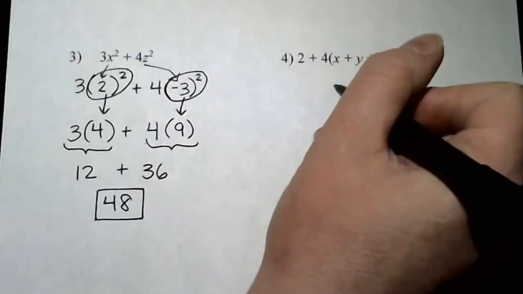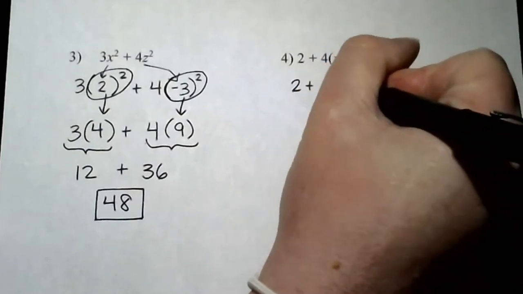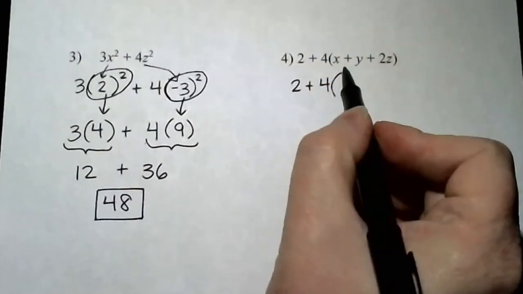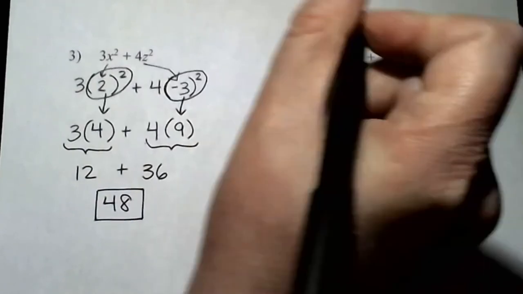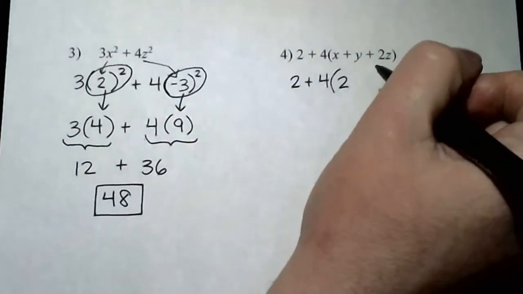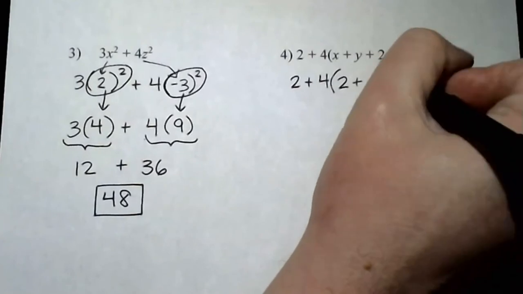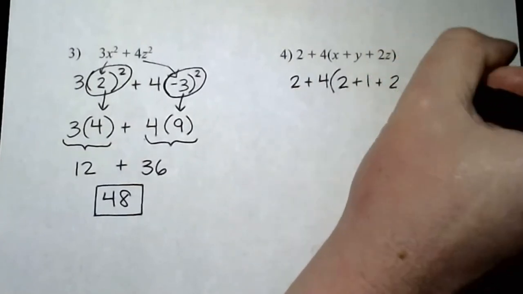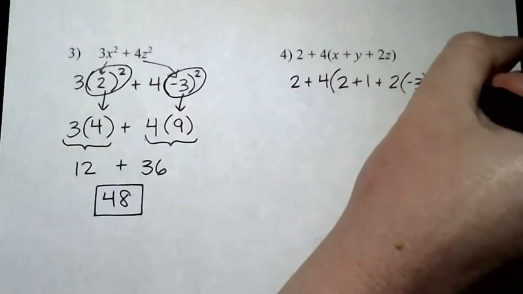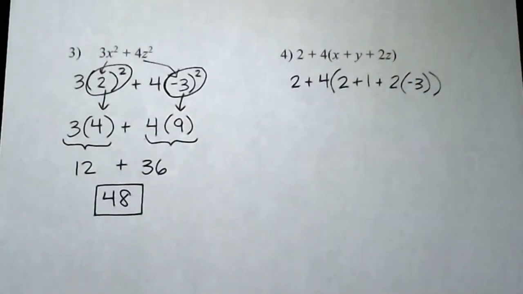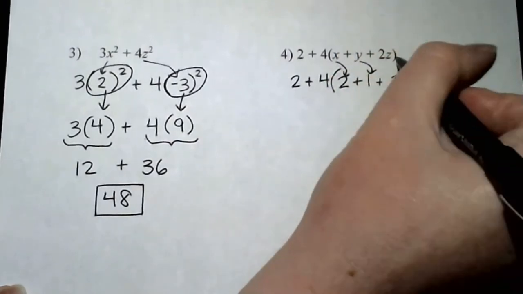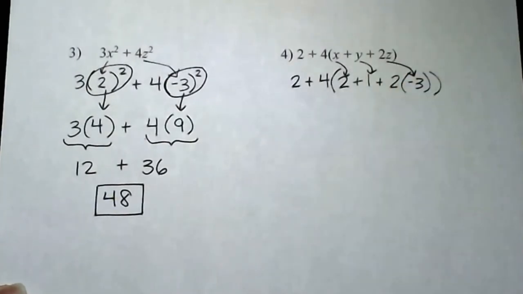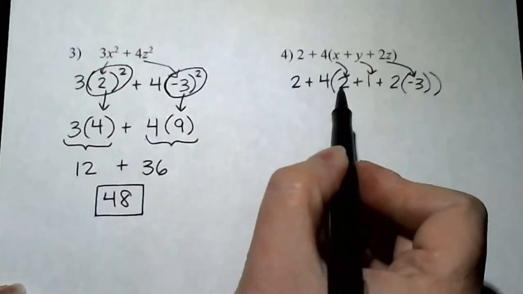And for number 4, I'm just going to do the same thing and replace my variables with their numbers, substituting in x is a 2, y is 1, and z is negative 3. So I replaced that, and that. And now I'm going to work it out with the order of operations, starting with the inside of the parentheses first.